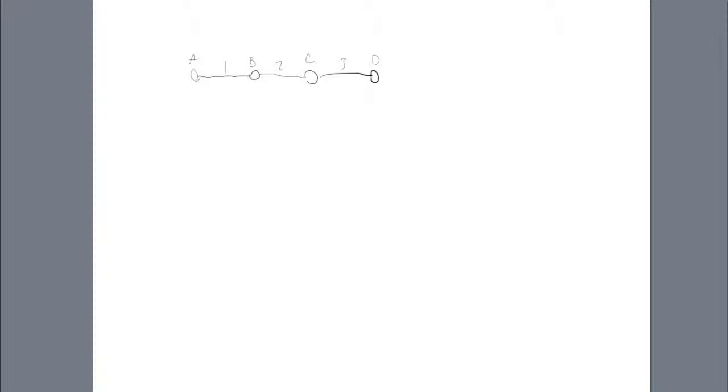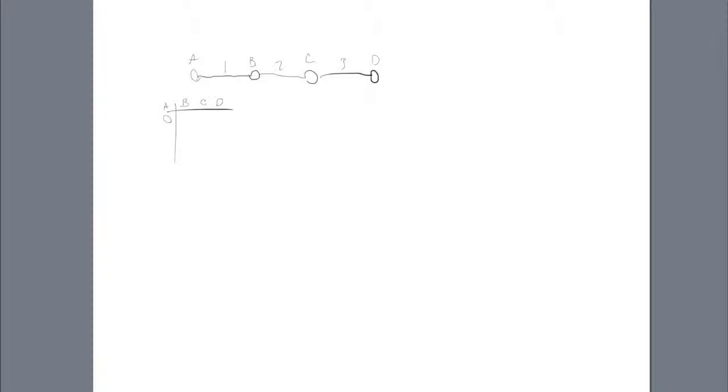What happens? Let's look at it from the perspective of A. So A has a routing table, right? And at iteration 0, what do we have? Well, in this routing table, A has the other vertices in the graph, right?